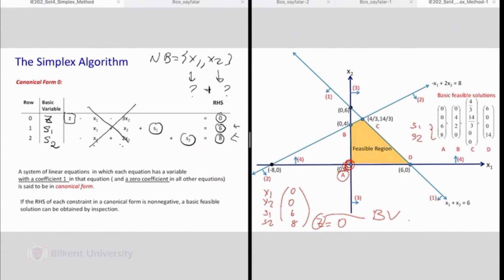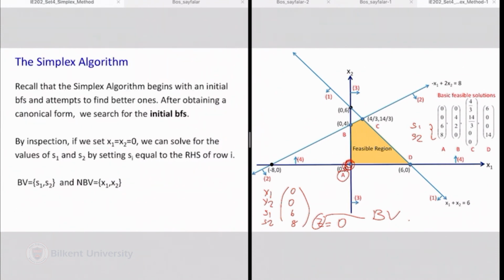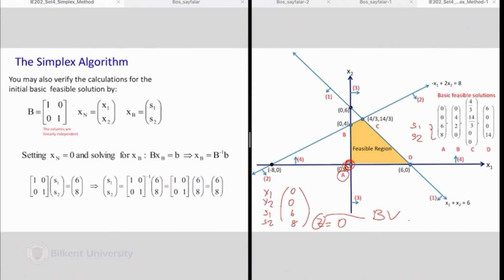Okay. All right, so let's see if I skipped anything. Basically, in the canonical form, I need one basic variable in each equation, 0 coefficients everywhere else. My basic variables are going to be s1 and s2 in this case, non-basic variables x1 and x2, and I'm going to add my z as one of the basic variables as well.